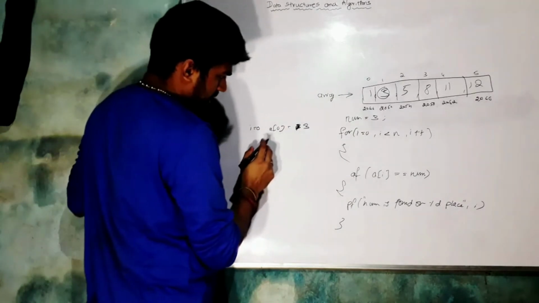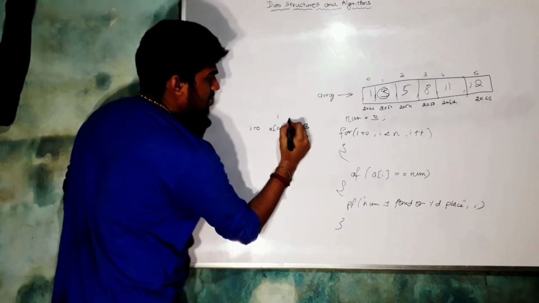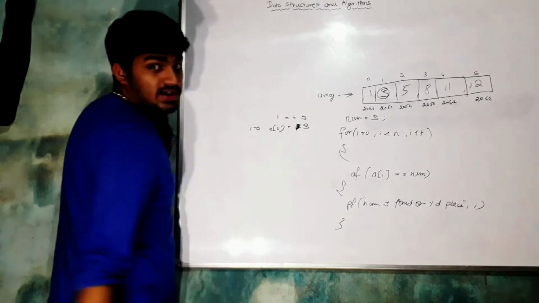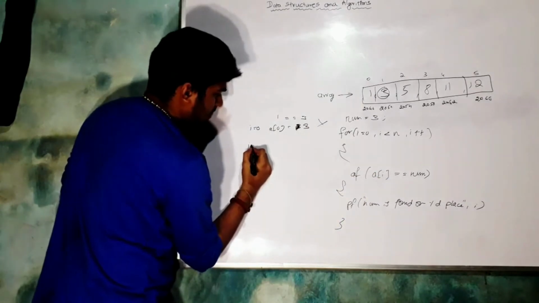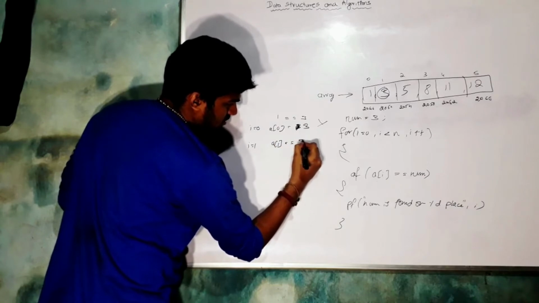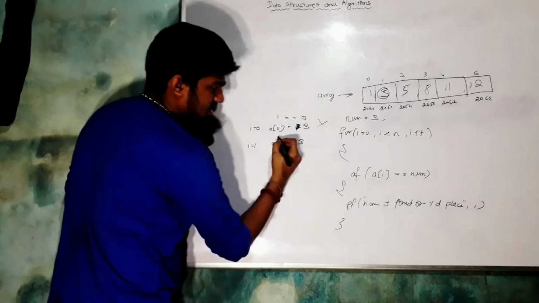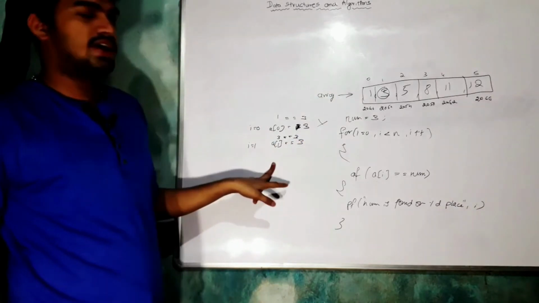In the first iteration, a of 0 is 1, is it equal to 3? No. So we'll go to the next iteration. i is equal to 1. a of 1 is equal to 3. So in the second iteration, 3 is equal to 3. Is this condition right? Yes.